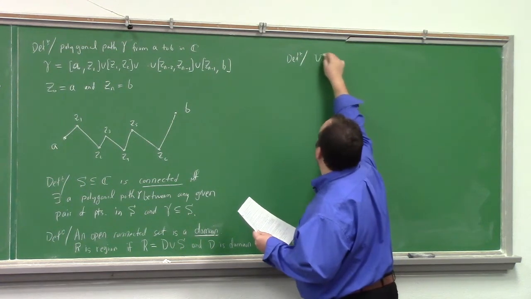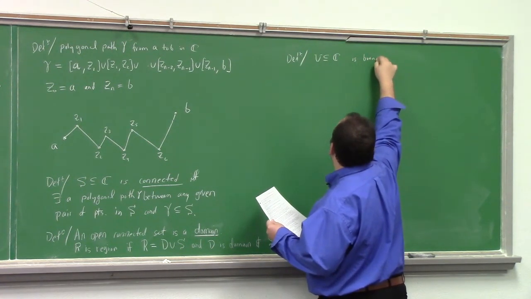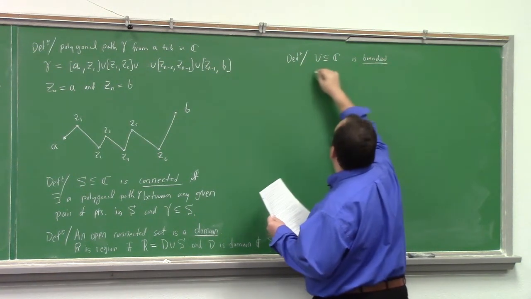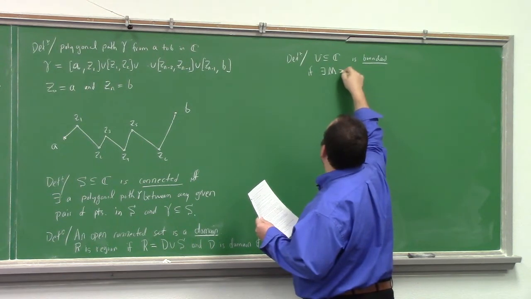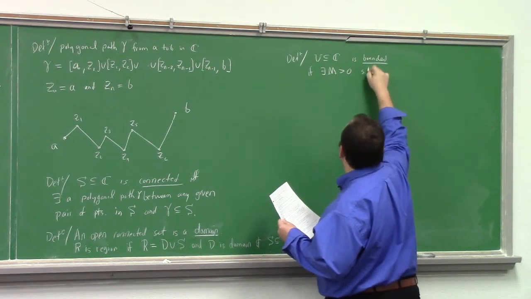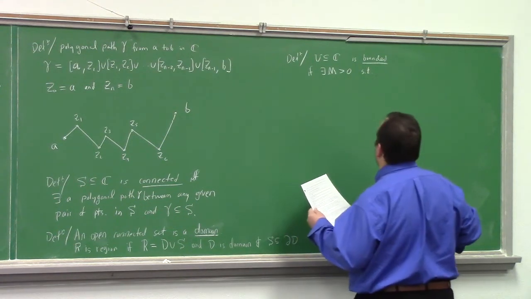U, a subset of C, is bounded if there exists M greater than 0 such that, well, no, excuse me, that's not the right way to say it.